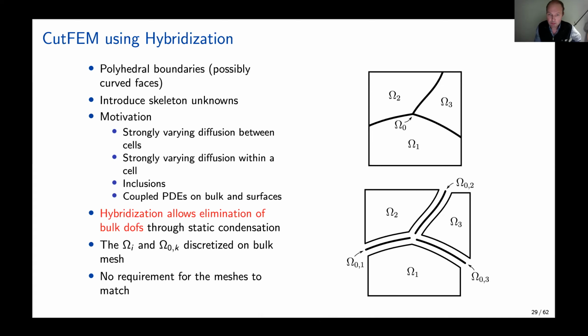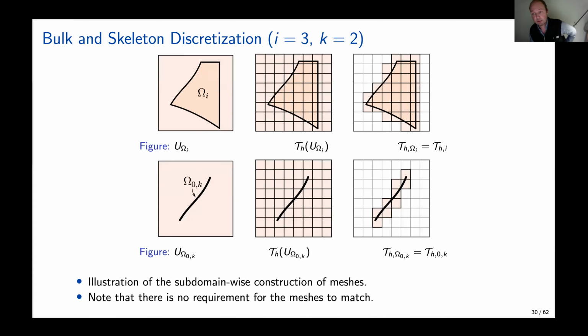And then we apply exactly the idea we had from the beginning to construct our finite element spaces. We put it into a mesh and we mark all the active elements and we just restrict the finite element space. And then we get the space for that geometrical component. We do exactly the same thing for these interface components.